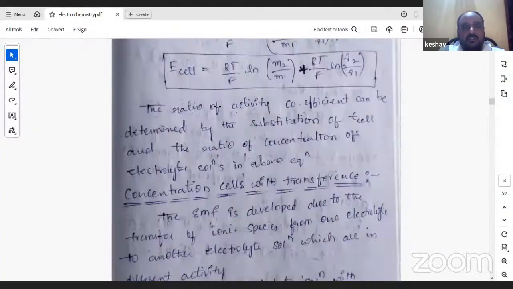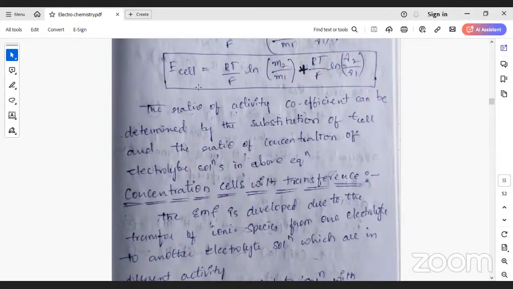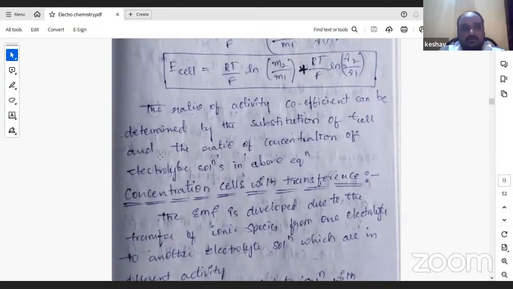Right. So I am going to share my notes. Is it visible to all? Visible, sir. Okay, fine. Otherwise, shall I zoom or shall I decrease it a little bit?